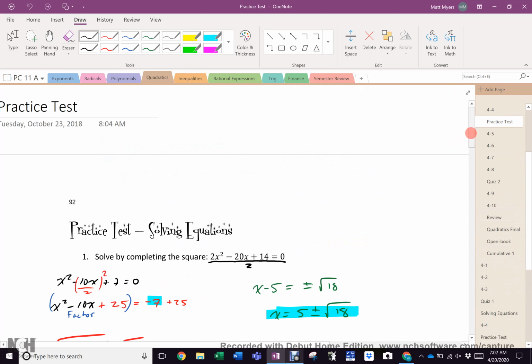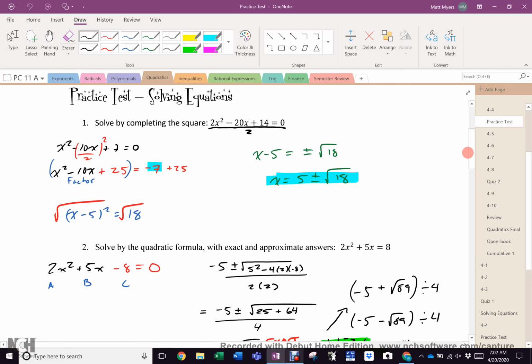Practice test. There is the key to your practice test. This is page 96 and 97, I think. So complete the square. First you divide by 2. That gets me to here. Move the 7 over right there.